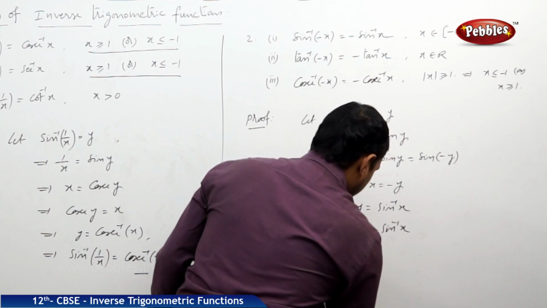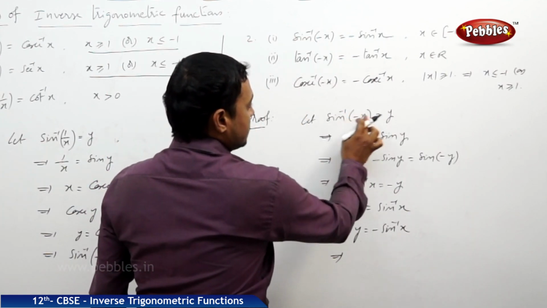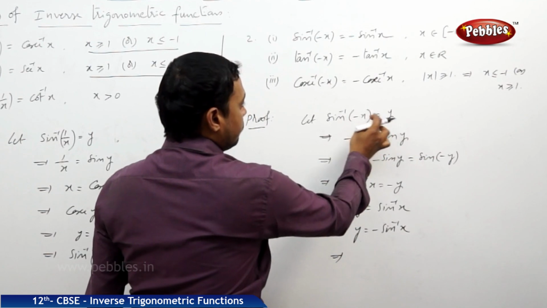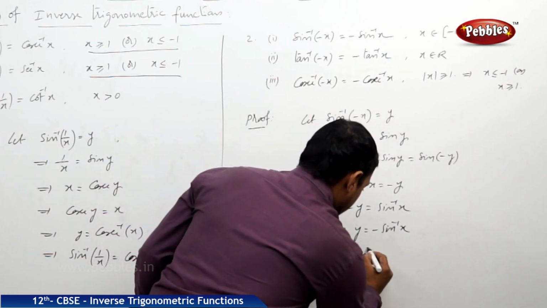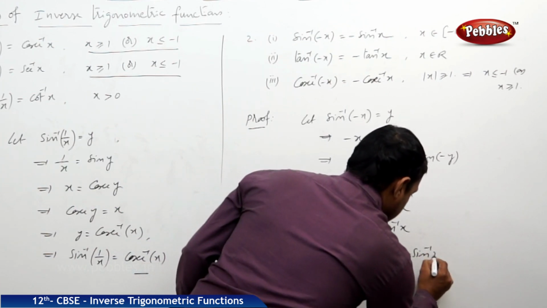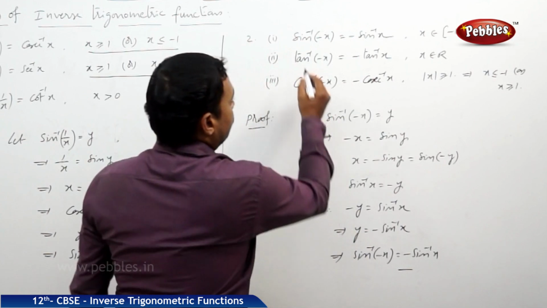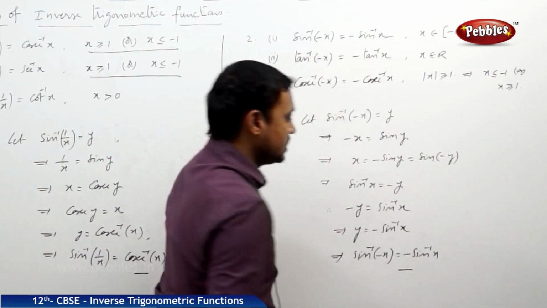But what is y? We have considered sin inverse of minus x is equal to y. So replace y by sin inverse of minus x. Sin inverse of minus x is equal to minus sin inverse x. This is the first statement.